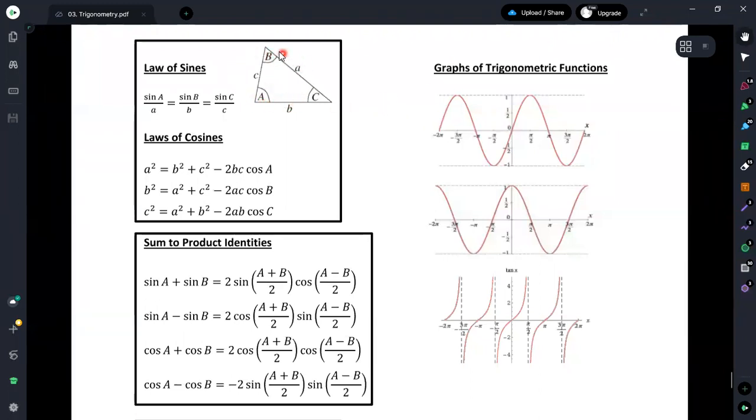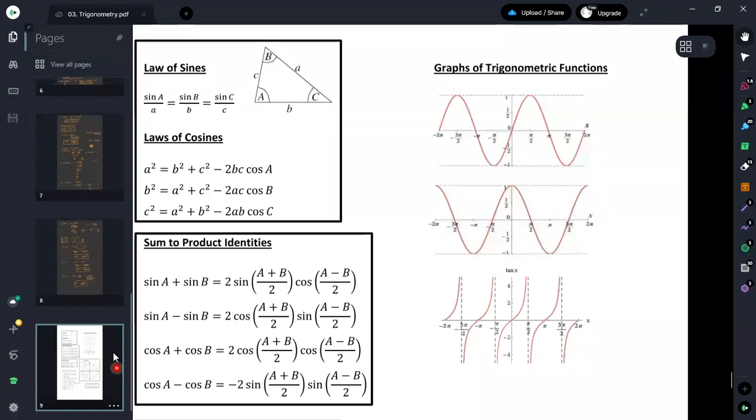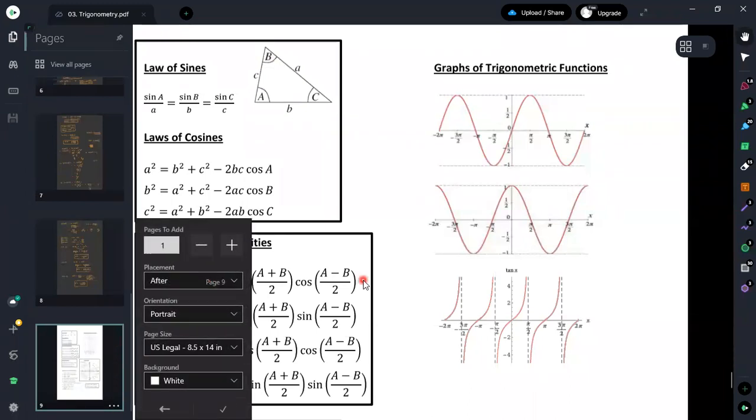Suppose we have an acute angle triangle. Generally we can see this for any angle, but here I have used the acute angle triangle to define the sine law.